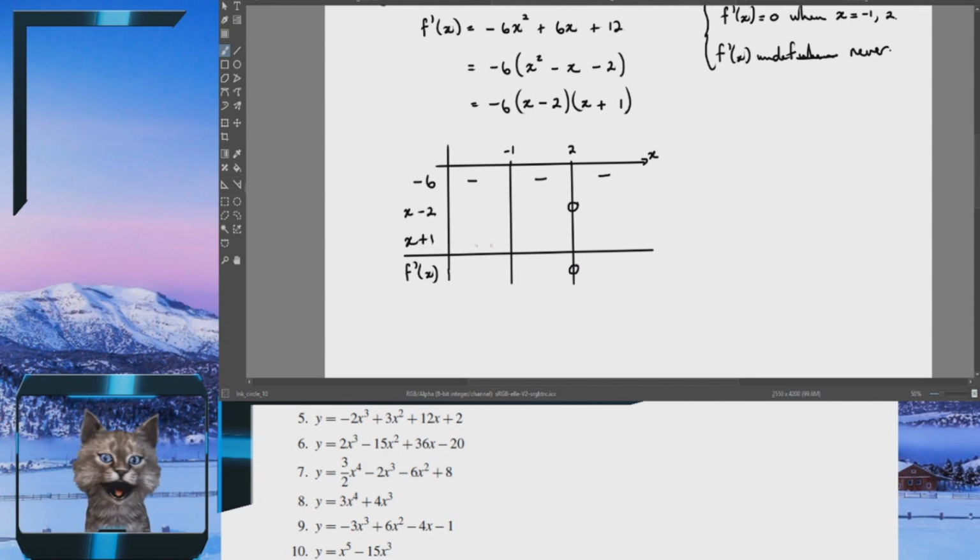X plus 1 is 0 when x is negative 1, makes the whole derivative 0 as well. X minus 2 on this left interval is going to be negative, another negative, and then a positive for all these x values.